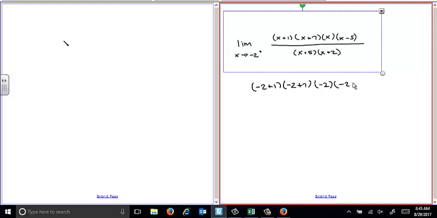Just go around the room, starting somewhere. For this factor, you have to use something other than -2 because it'll go to 0. So it's -2 from the positive side, so that is -1.9.